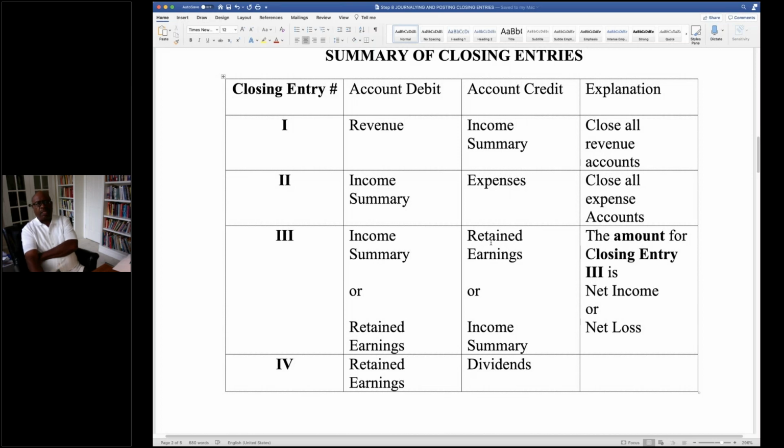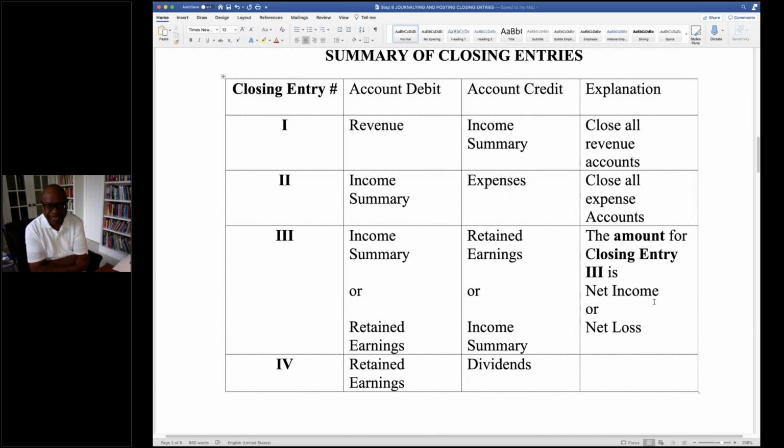In the third closing entry, the dollar amount is always the net income or the net loss. I'll say it again: when we make closing entry 3, the amount is always the net income or the net loss.